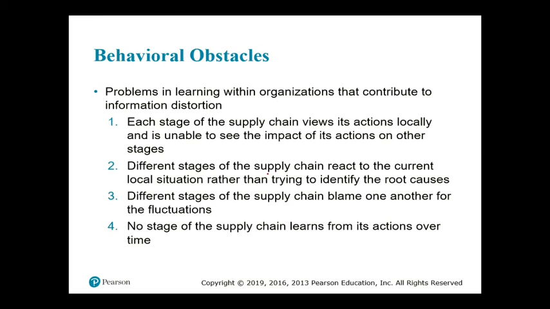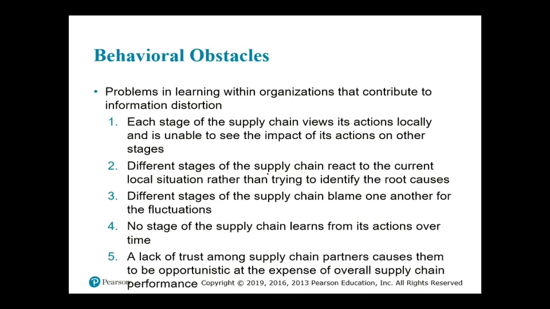And then, since they don't trust each other, they are less inclined to share information with each other, so no one will learn from the result of its actions over time, and the vicious cycle goes on and on.